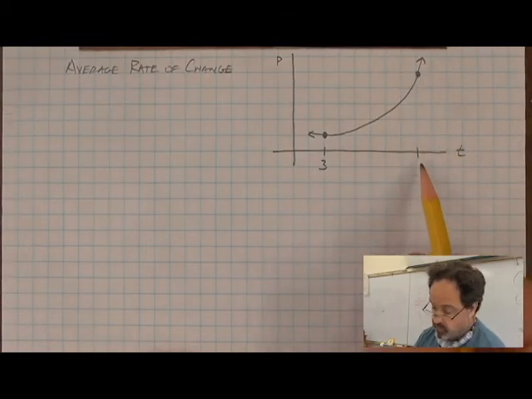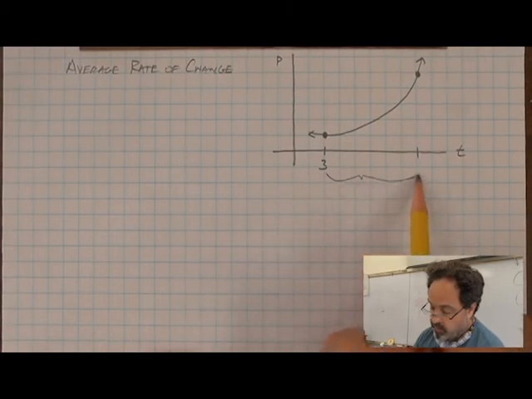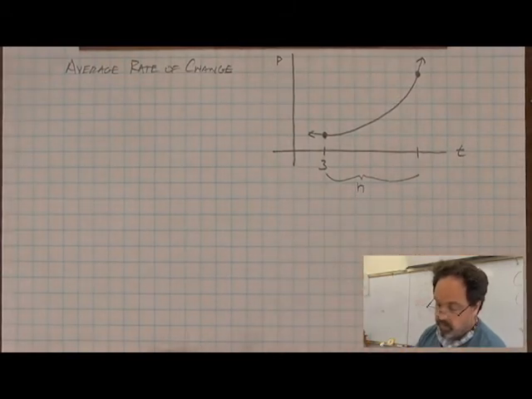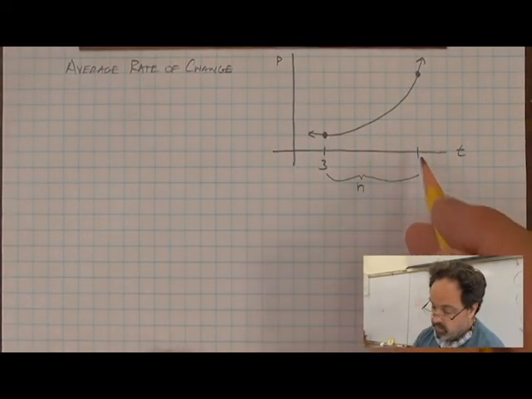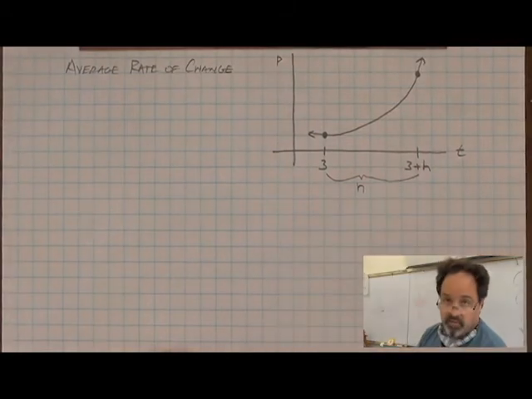But rather than choose another value here, I'm going to think about the quantity of change from 3 to this new location as a variable amount of time, and I'm going to give that amount of time the variable h. So this tick mark would be the initial time of 3 plus the amount of time h.